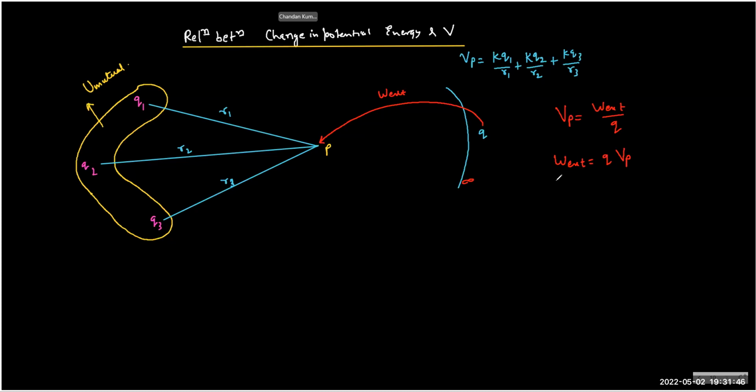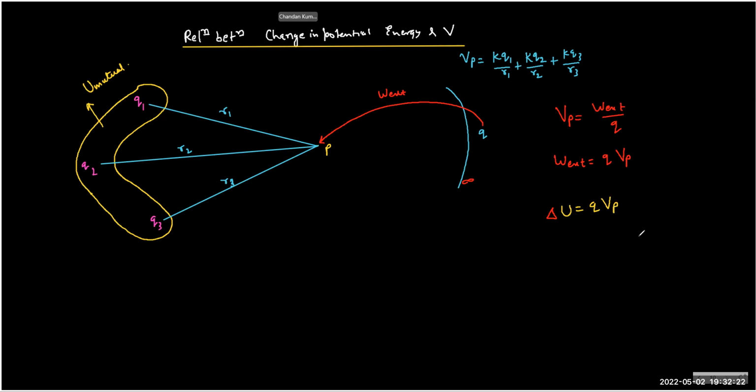So the work done by the external force will be Q into Vp, and therefore you're not supposed to do anything else. The definition itself will give you the answer because Vp is known to us. This is the additional work in adding the charge Q to the existing system. So this work changes the energy of the existing system by the value QVp.